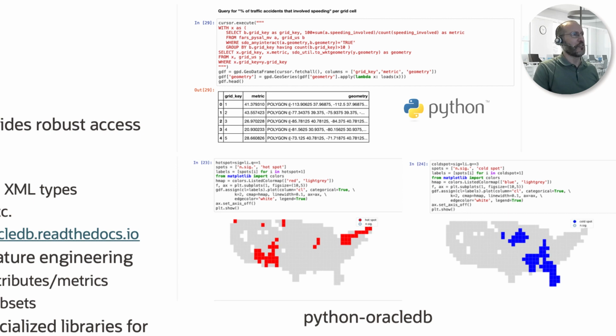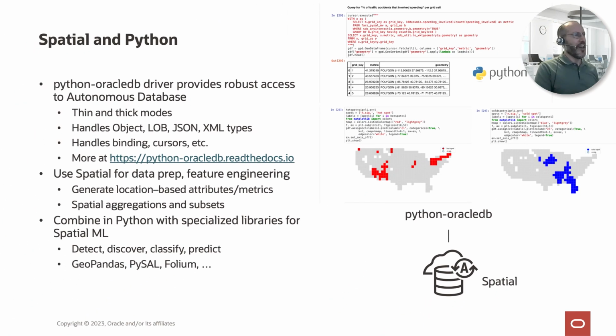predictions and other sorts of classifications and detect trends and things that are part of specialized libraries, but at the same time have the data scaled and secured within the database and distilled down to where you bring appropriate subsets and features that you've extracted into Python, mix that data and apply it with the requisite specialized libraries, and then results can be fed back into Autonomous Database, and you continue with the work stream.